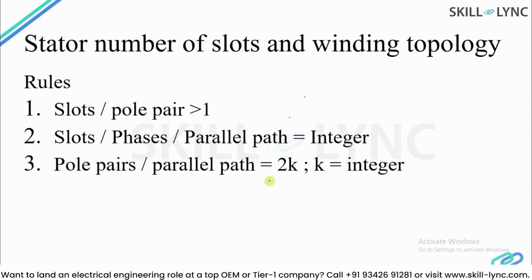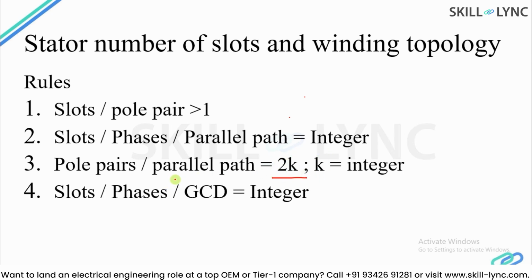So pole pairs should always be equivalent to the number of parallel paths times 2k. So this is the third rule, and pole pairs per parallel path should be an even number. The last rule is number of slots per phase per greatest common divisor of slots and the phase should be equal to an integer number.